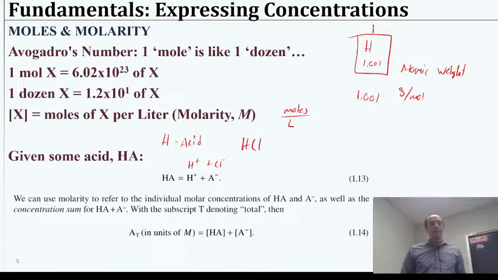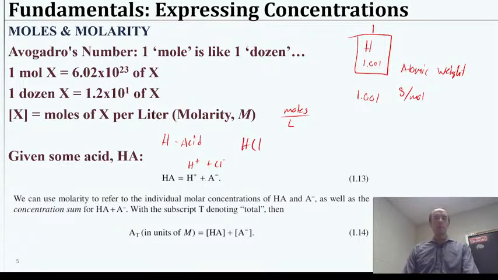So if we take that, we could use molarity to refer to a couple things about this. First of all, we could say if we have 1 mole per liter of HA, then we expect to have added 1 mole per liter of H plus. We also are adding 1 mole per liter of the A minus if it all dissociates.